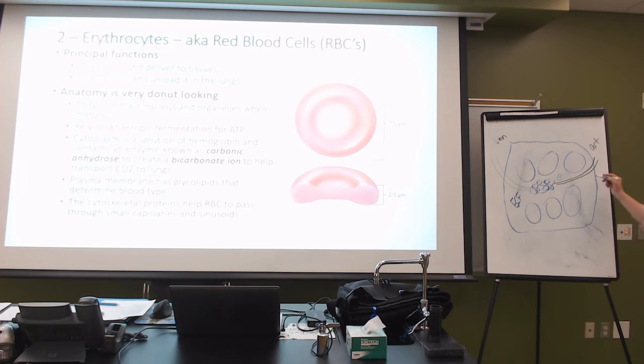So oxygen would get to move out at this arterial end. And the cells that are working at this tissue level would have been needing to make energy. Because if they are working, they need energy.